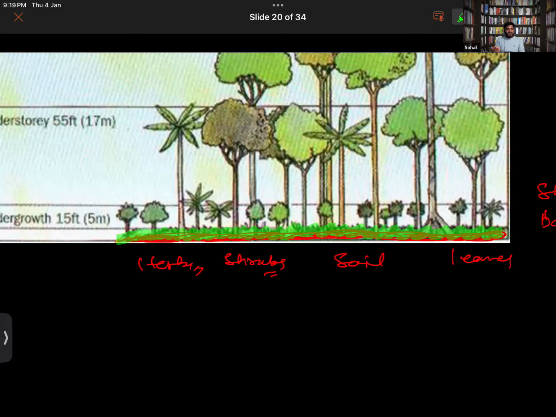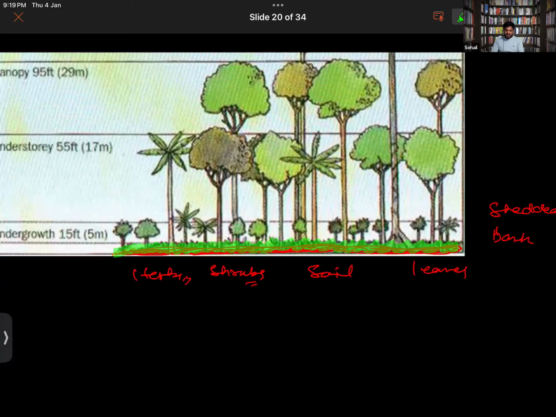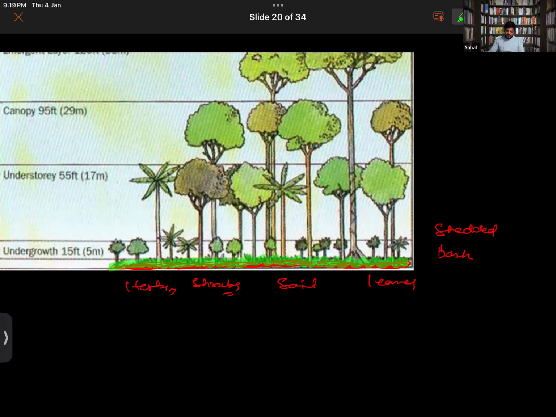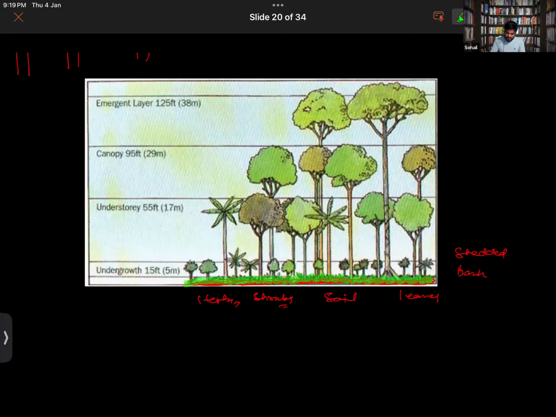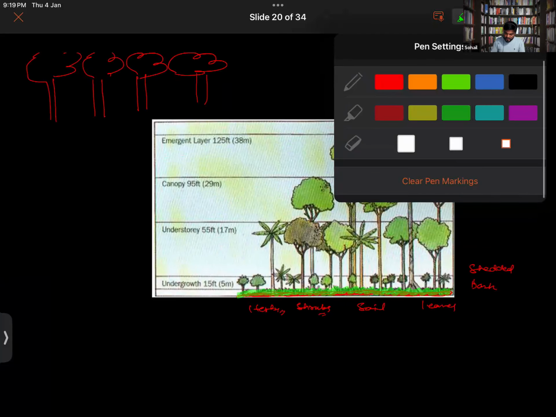Normally, you will be having grasses and herbs as well. Also, one more thing, in the forest floor which I told you moments ago, we won't be counting the shrubs.